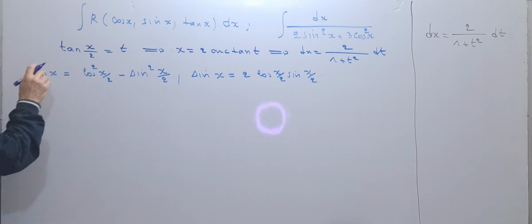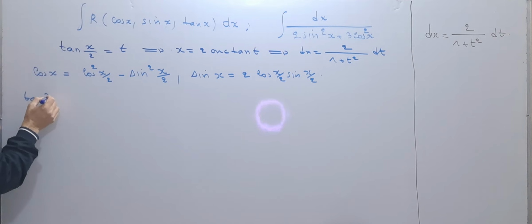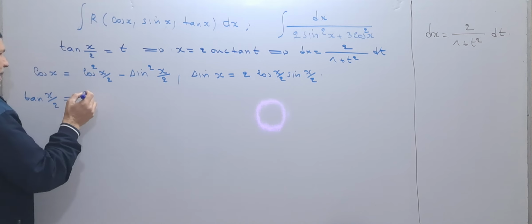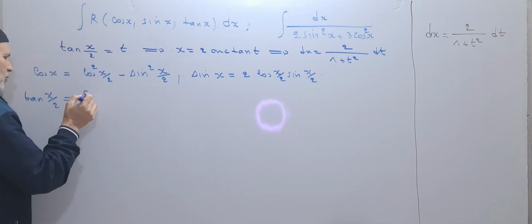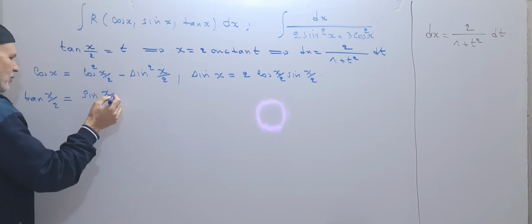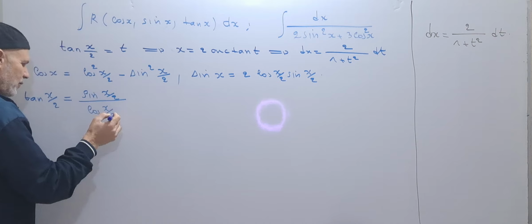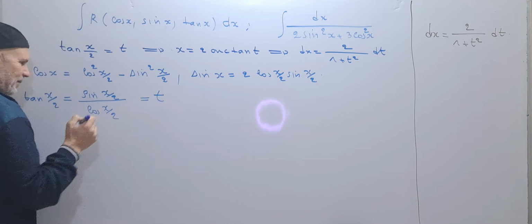So from this formula we have tangent x over 2, which is equal to sine x over 2 over cosine x over 2, and this is equal to t.